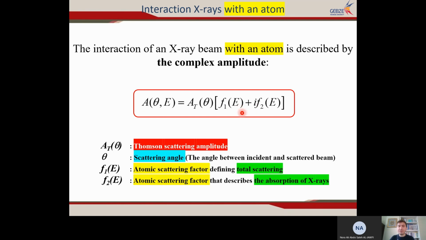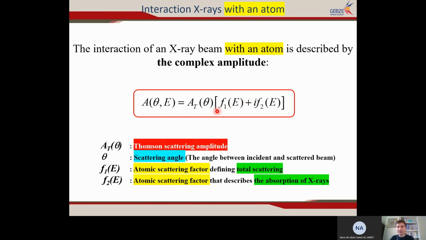Actually, if you are dealing with X-rays or with optics, if you see here i, the imaginary number, then it means that this term is related to the absorption. The imaginary part in optics is related to the absorption. And here we have a real part which is related to the scattering, okay?